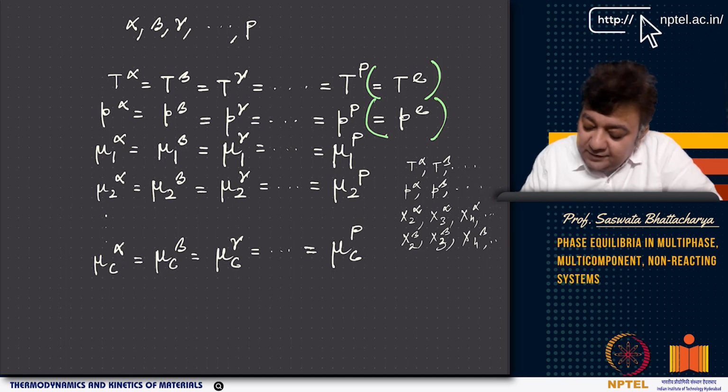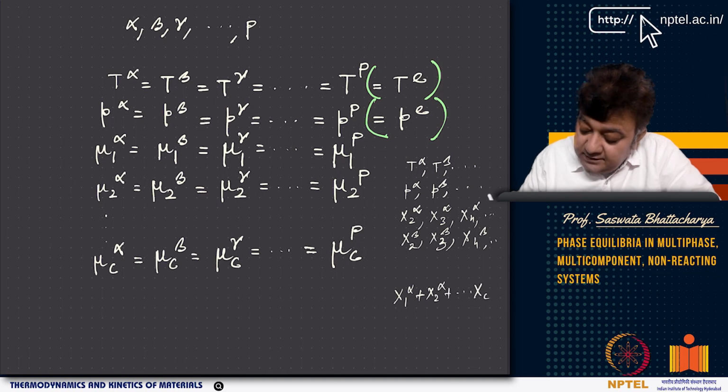Because x1 plus x2 plus x3 and so on for each phase, for example x1 alpha plus x2 alpha plus dot dot dot plus xc alpha, should be equal to 1.